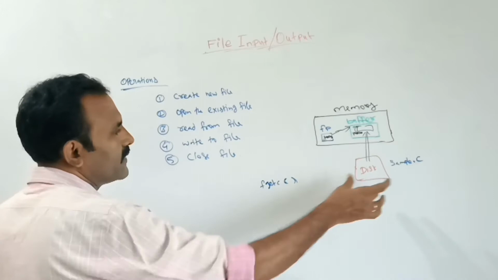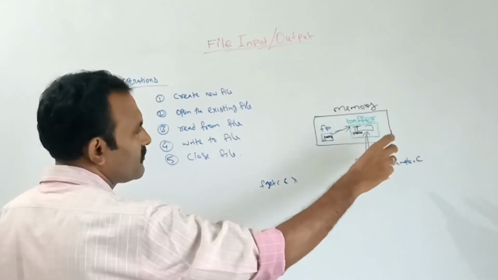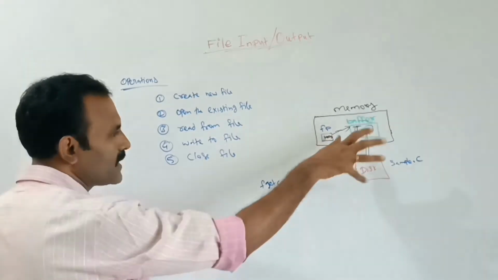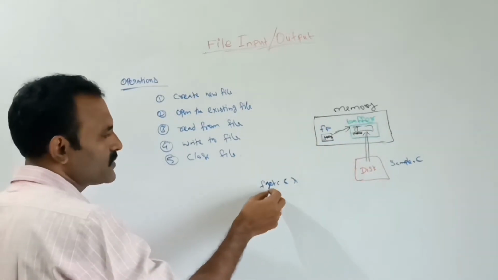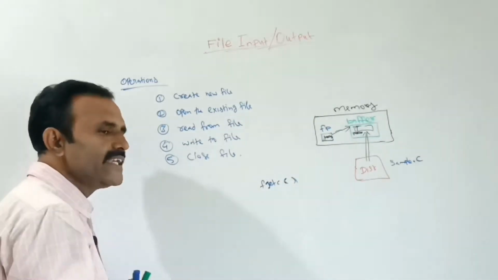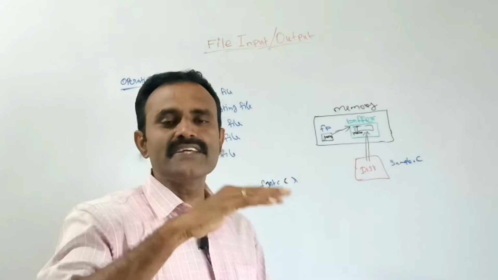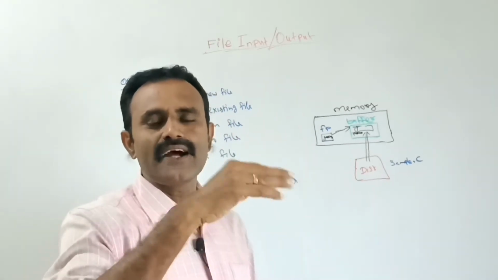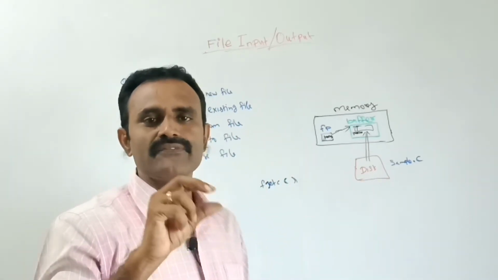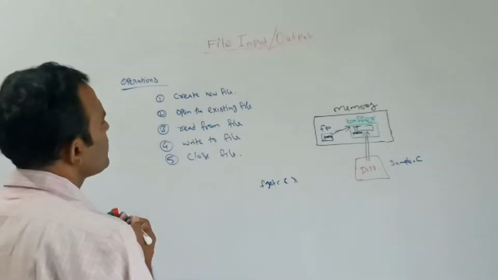If the file has 500 letters, after completely reading the file using fgetc, at the end of the file it returns EOF. EOF means end of the file. After finishing reading everything, finally it returns EOF. This is reading the file.